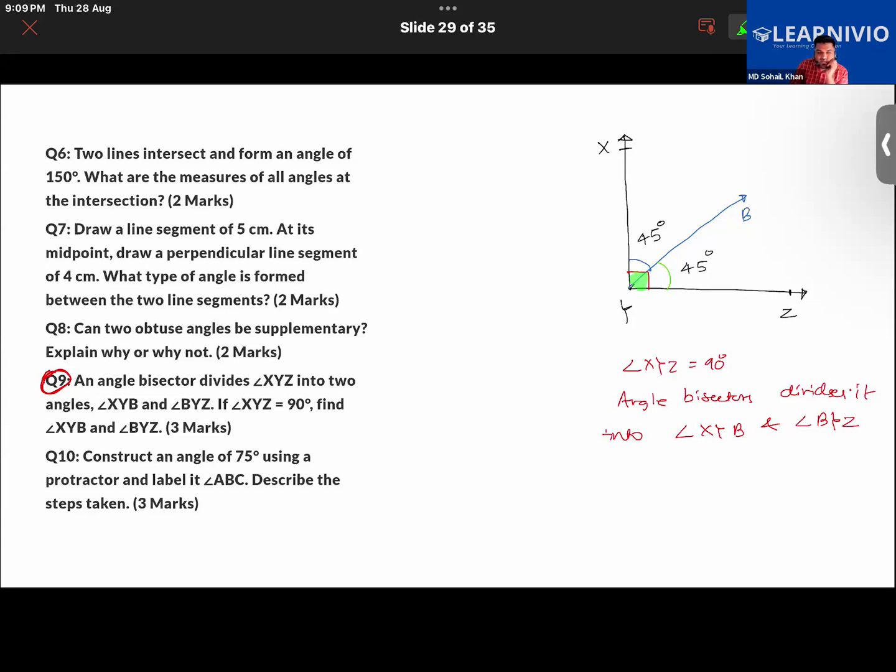Third one is infinite. Fourth one is measure. Fifth one is obtuse angle.